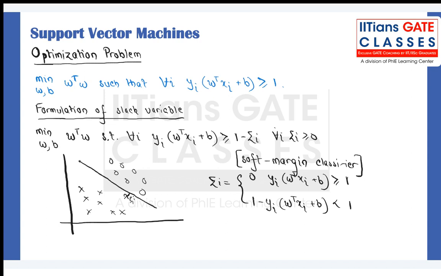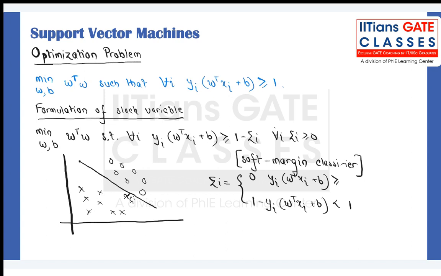If it is less than 1, that means yi times (W transpose xi plus b) is either incorrectly classified, or it belongs in that shaded region. So in that scenario, I will consider the slack variable.